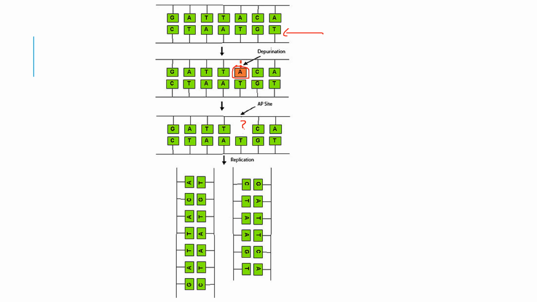Now at the time of DNA replication, you can see the length of the DNA strands: one strand is long and one strand is short. So one strand is normal and one strand is the deleted strand, or one strand has the mutation. So this is the effect of depurination.